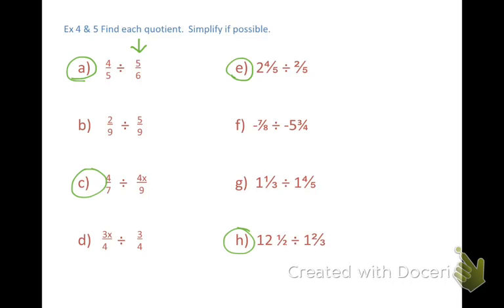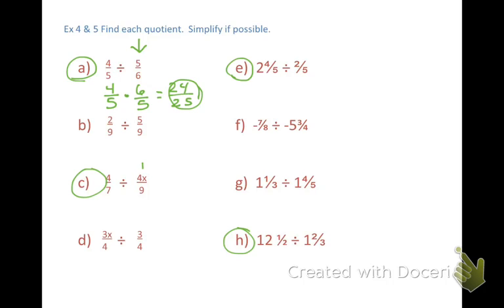So you keep the 4/5. The first one always stays the same, and then you turn it into a times sign, and then you do the reciprocal of 5/6, which would be 6/5. And then you check to see if you can reduce anything. 4 and 5, nope. 6 and 5, nope. So you multiply across. 4 times 6 is 24, and 5 times 5 is 25. And there's your answer.